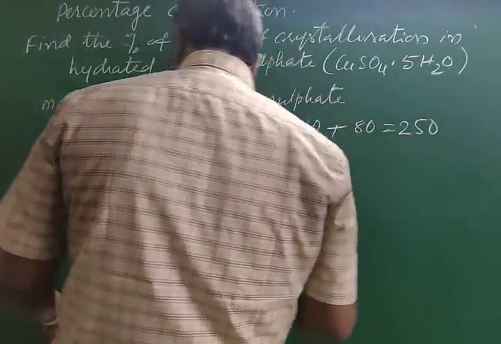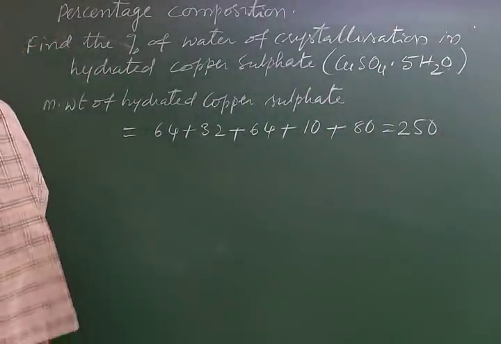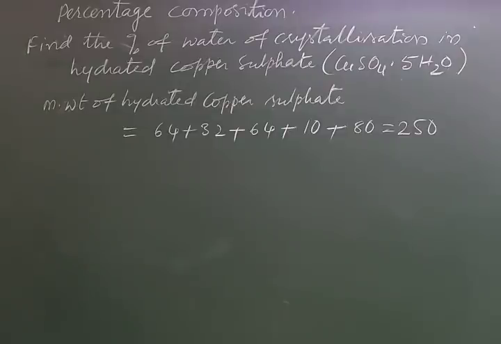That is 250. What is the molecular mass of hydrated copper sulfate? 250. That is, 250 grams of hydrated copper sulfate contains 90 grams of water.